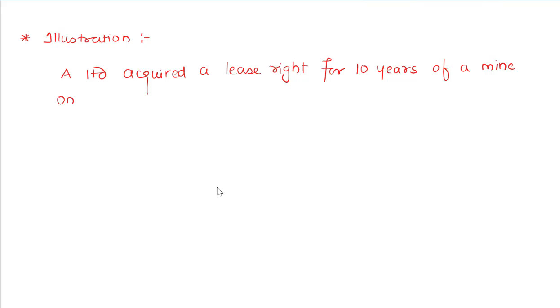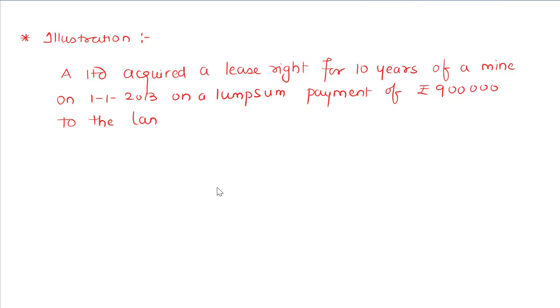A Limited acquired a lease right for 10 years of a mine on 1st of January 2013 on a lump sum payment of rupee 9 lakh to the landlord.